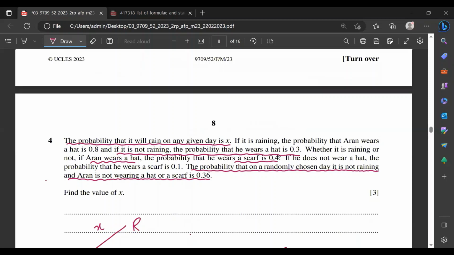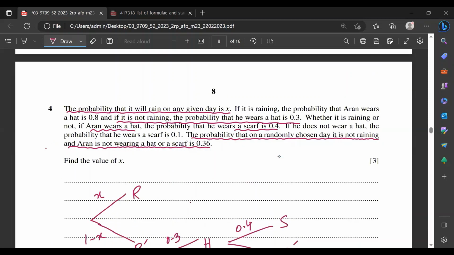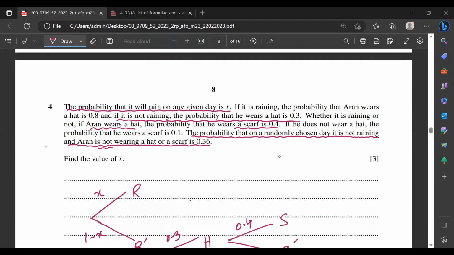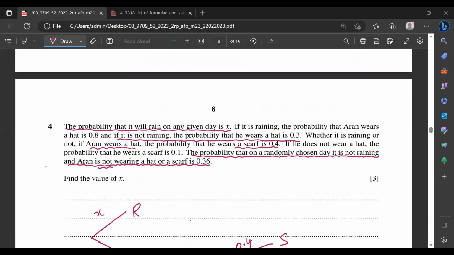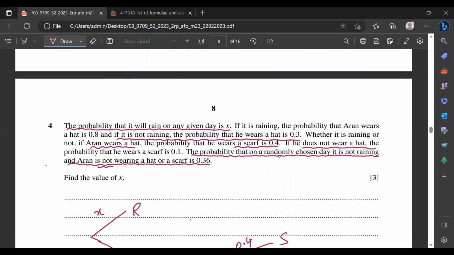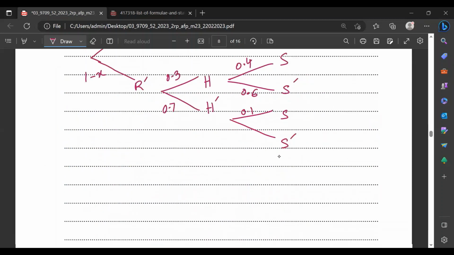The probability that on a randomly chosen day, it is not raining and Aaron is not wearing a hat. Now we move further here. Scarf, no scarf. 0.1 as mentioned: if he does not wear a hat, the probability of scarf is 0.1 and no scarf is 0.9.